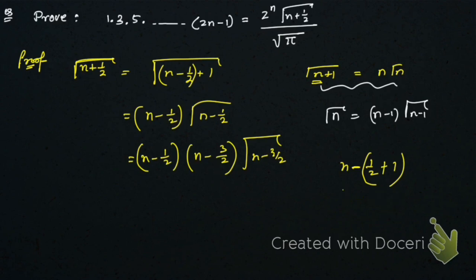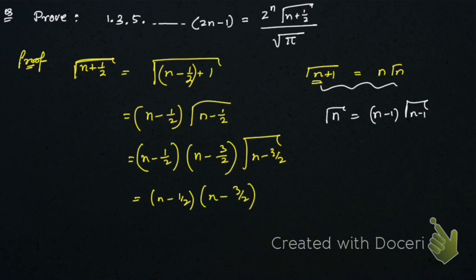So this is a very simple simplification that you should know, right? Then if you continue this process, you should get n minus half, sorry, n minus half, n minus 3 by 2.